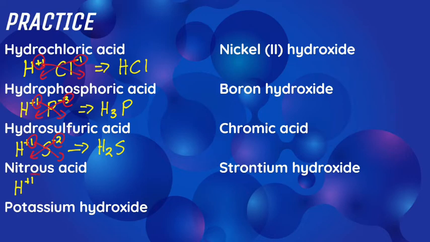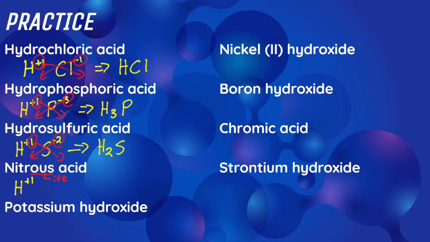So our OUS, if you remember what we normally change this to, is going to be our ITE. Our ITE to OUS, our ATE to IC. So ITE to OUS. So this is going to be our nitrite.